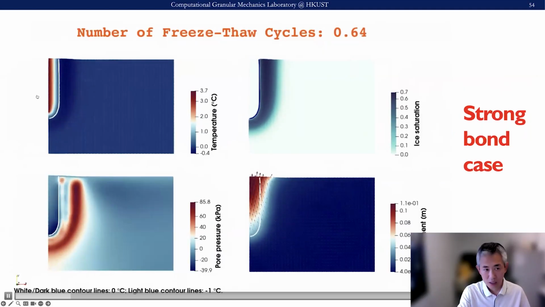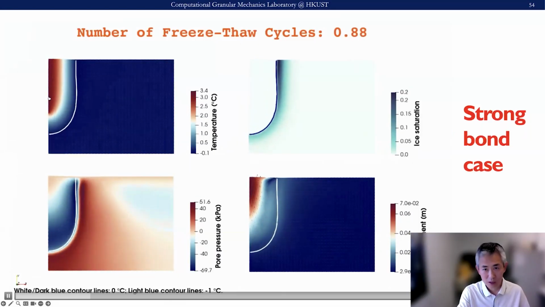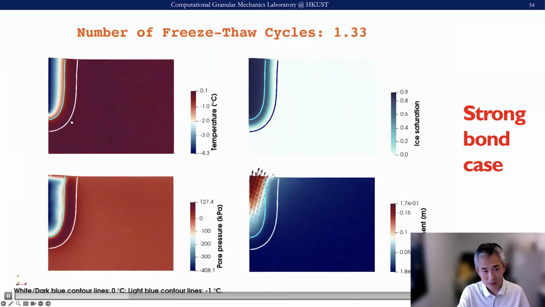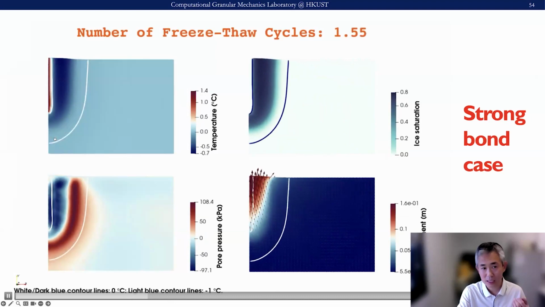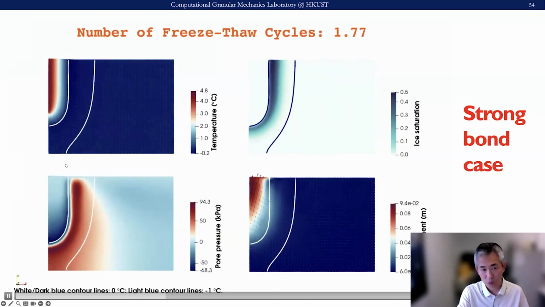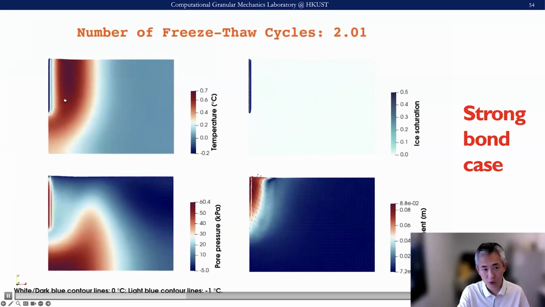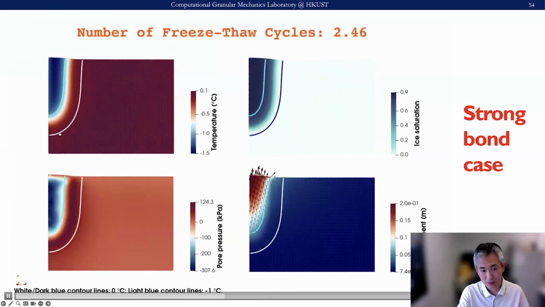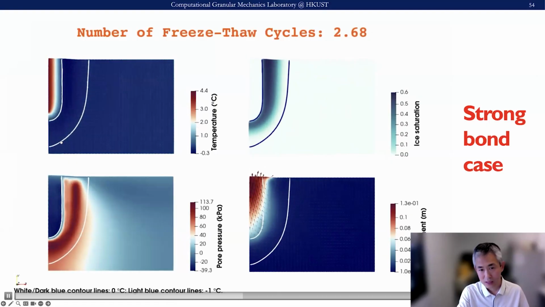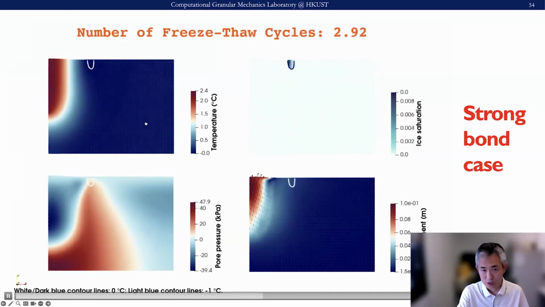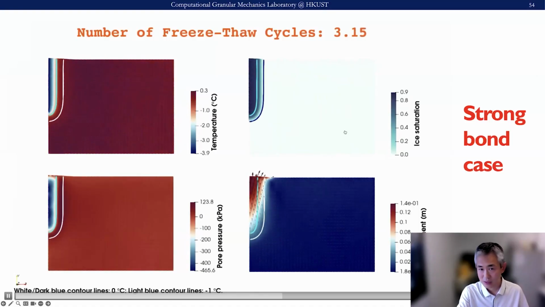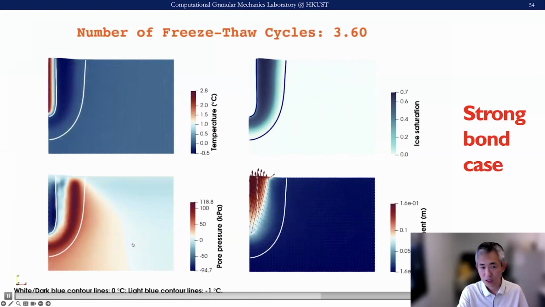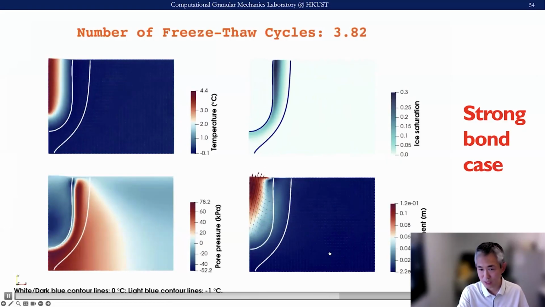This is the simulation process. When we load it in freeze-thaw cycles, one cycle after another, this white line indicates the zero temperature contour, while the blue one will be like minus one here. Okay, so this is the temperature field, this is the ice saturation field, this is the pore pressure change field, and this is displacement.